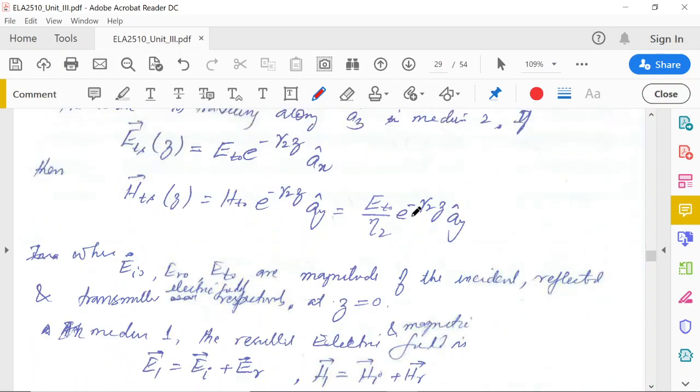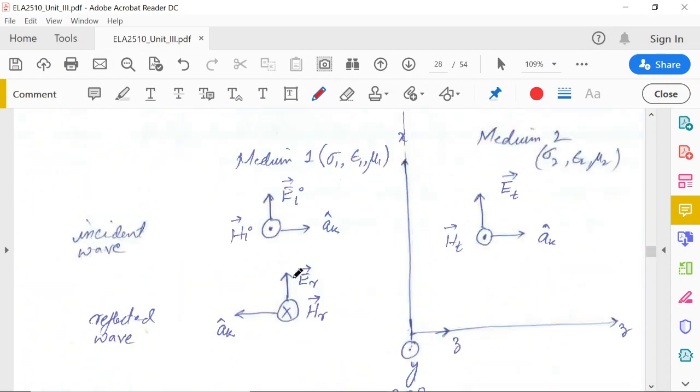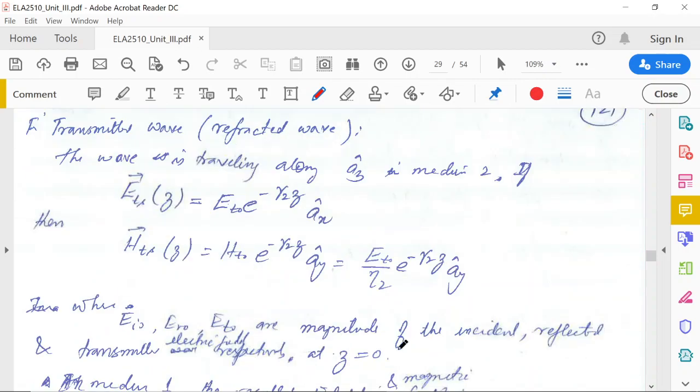So when these are lossless dielectrics and eta 2 is less than eta 1, so eta 1 is higher, this ER will go in the downward direction. If the incident is upward, the reflected wave will be phase shifted by 180 degrees in this particular case.